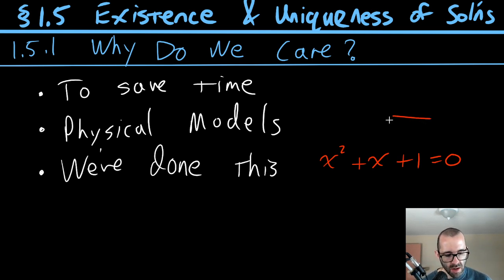Remember that b squared minus 4ac tells us a lot of things about solutions to this equation. If we simplify, that's 1 minus 4. The discriminant is only the inside, but we get the square root of negative 3. We know that we don't have any real solutions to this equation. The real solutions don't exist. We don't have to do the whole quadratic formula. We just look at the discriminant of negative 3.